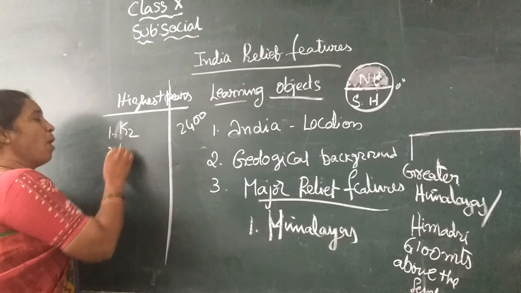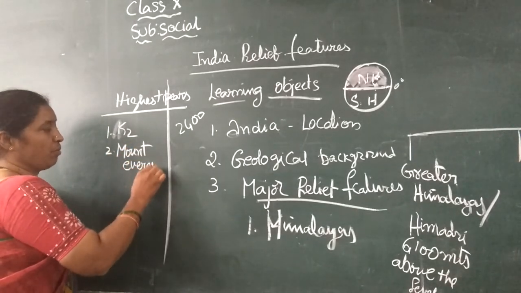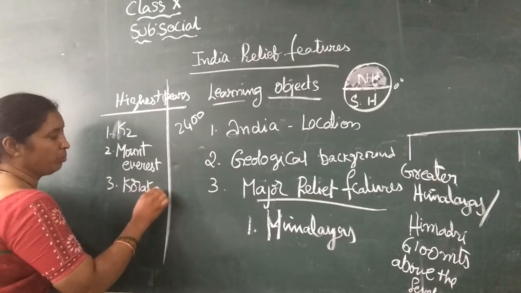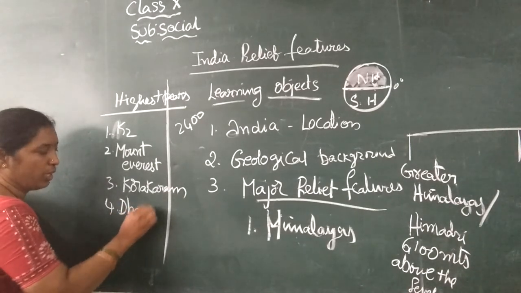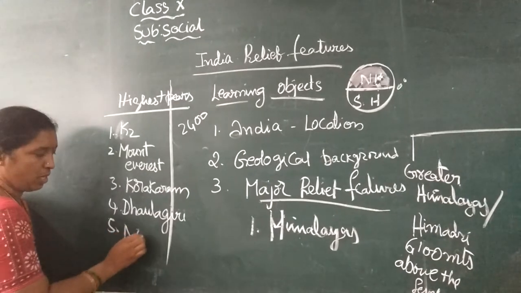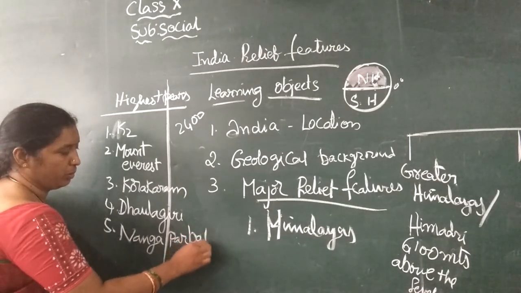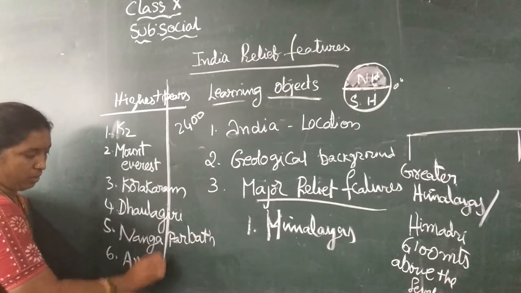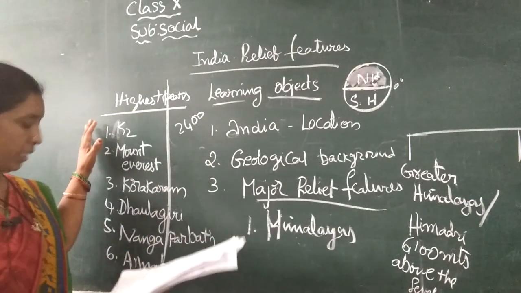K2, Mount Everest, Karakoram, Dhaulagiri, Nanga Parbat, Annapurna. These are the important peaks of the Greater Himalayas.